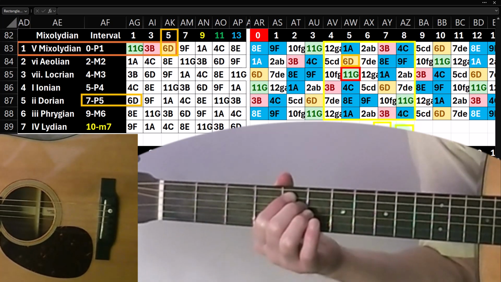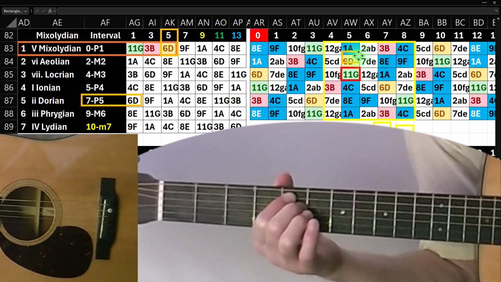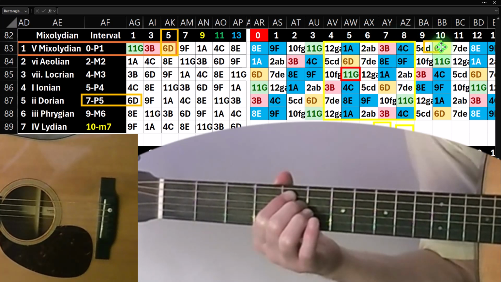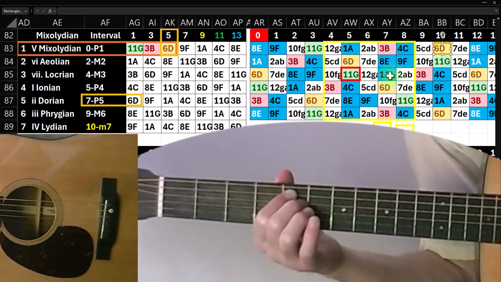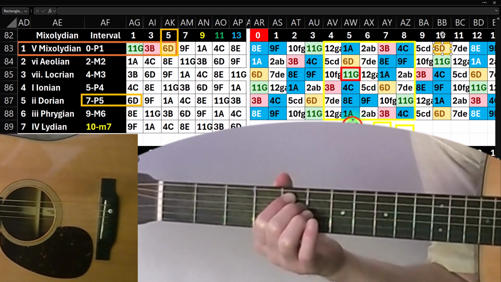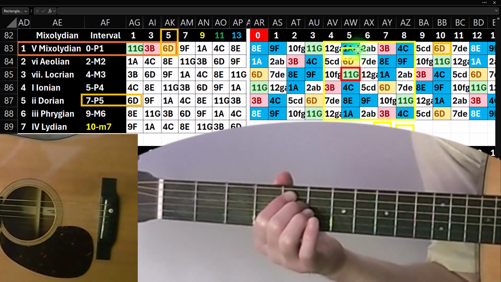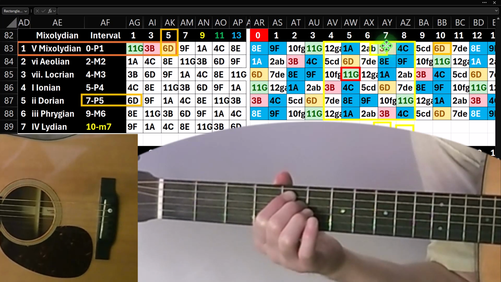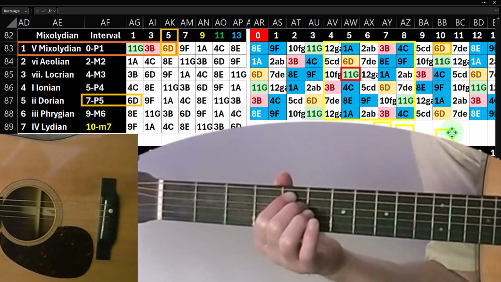All right, and then if I go up two strings, we're looking for the 7 note away perfect fifth. So we have to take the inverse distance: 12 minus 7 is 5. Let's count it up here.